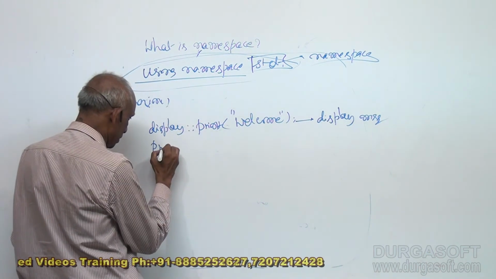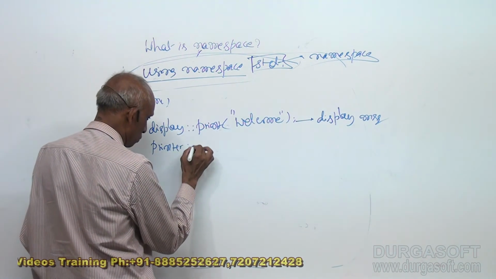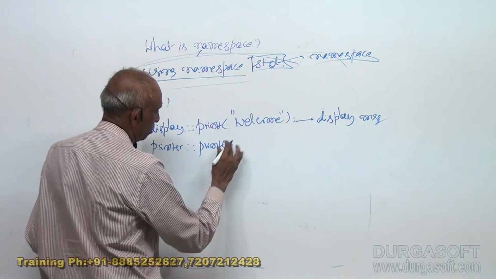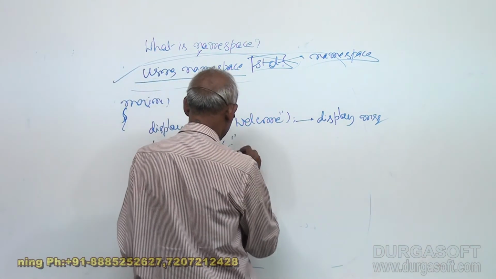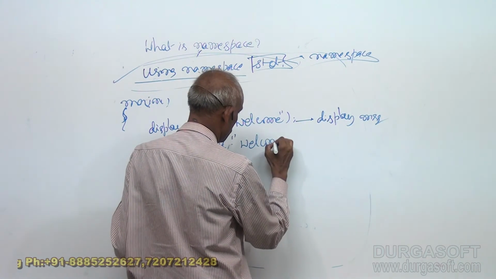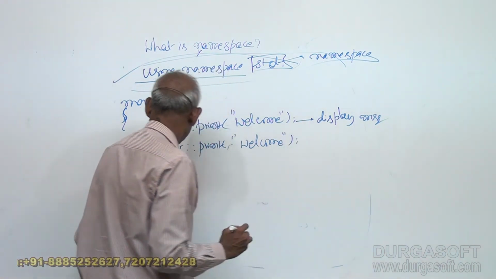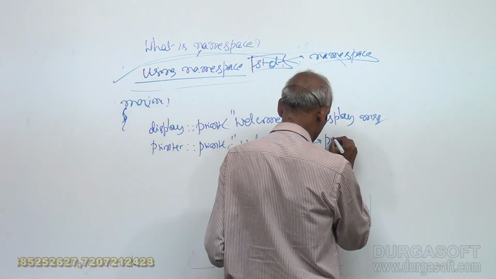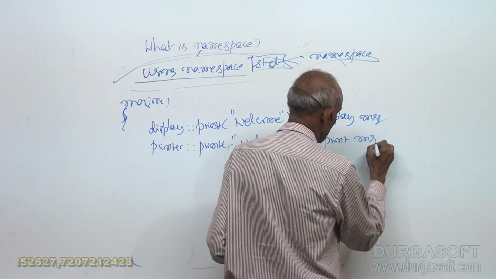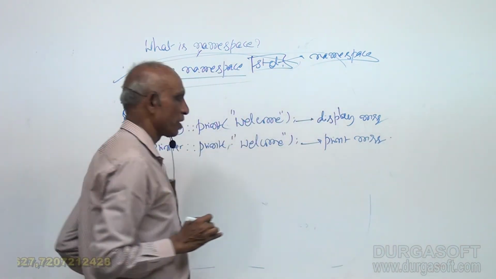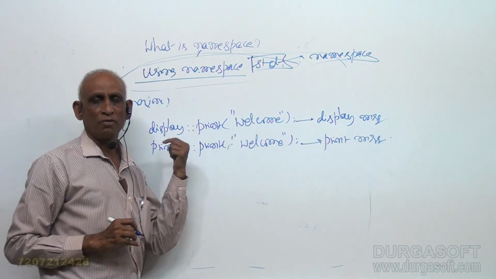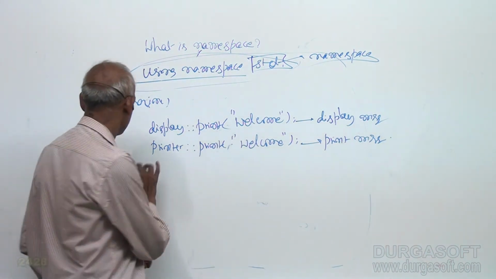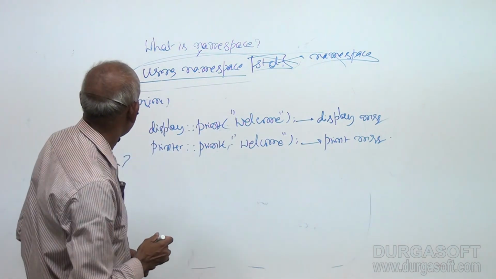If I say printer scope resolution print welcome, this is from the printer namespace, so this will print the message instead of display. So this way also we can directly specify the namespace with the scope resolution operator. Like this also we can do. So this is the story behind namespaces.